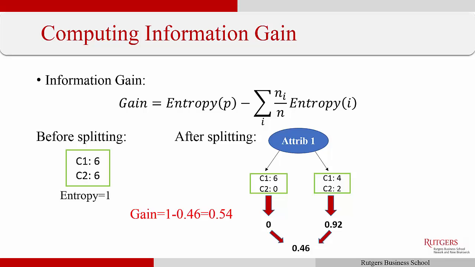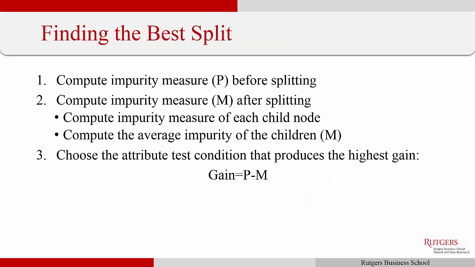We need to do the weighted average for those 2 entropies, and we got the entropy after splitting is 0.46. So the gain is the parent's entropy, which equals 1, minus the children's entropy, which equals 0.46. The gain is 0.56.